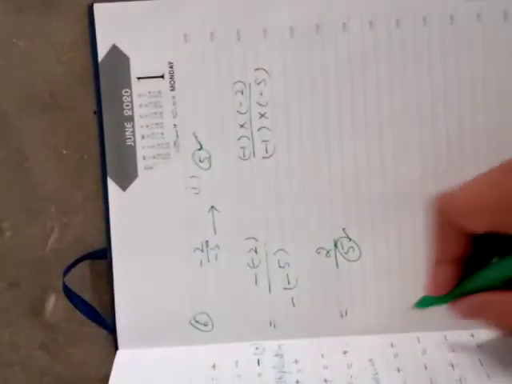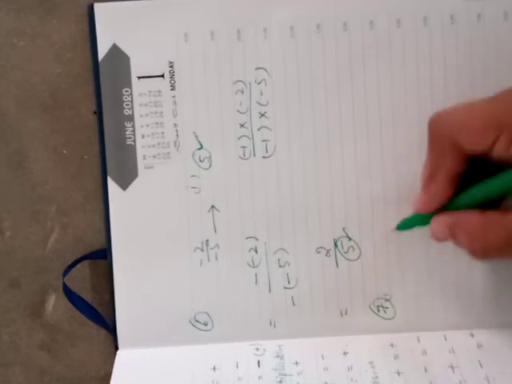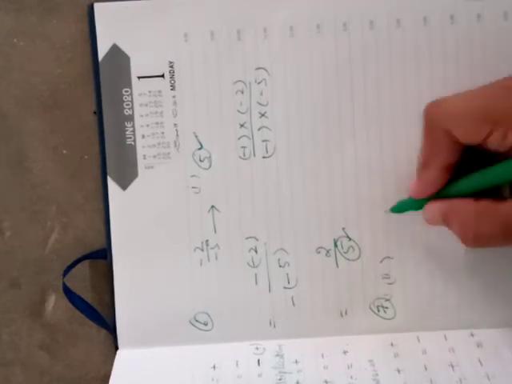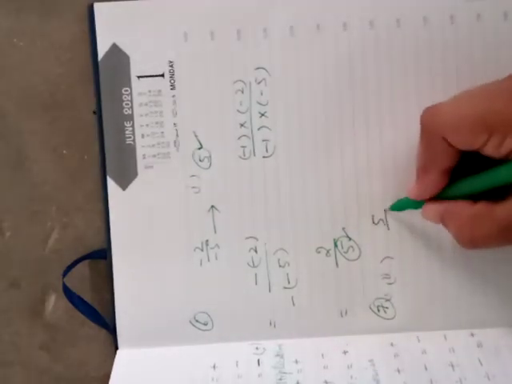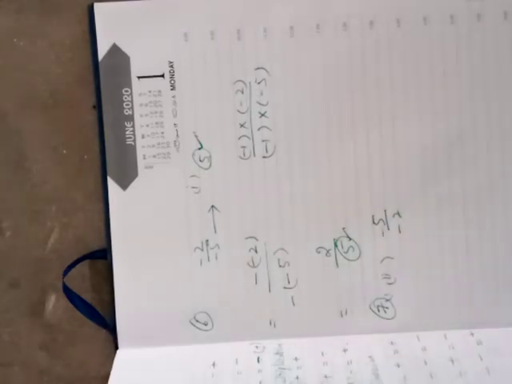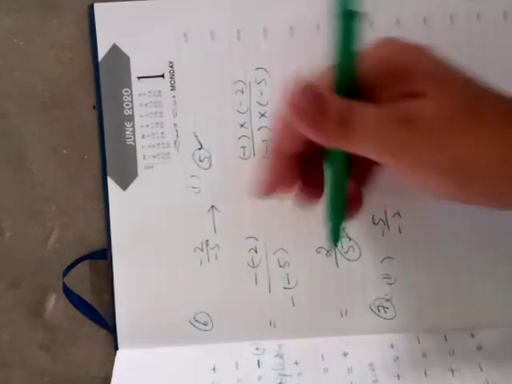Question number 7. Express the following rational numbers with a positive denominator. I have to find out the denominator as positive. So in part 2 of question number 7, I have the rational number minus 5 by minus 2. How do I get the rational number with positive denominator?